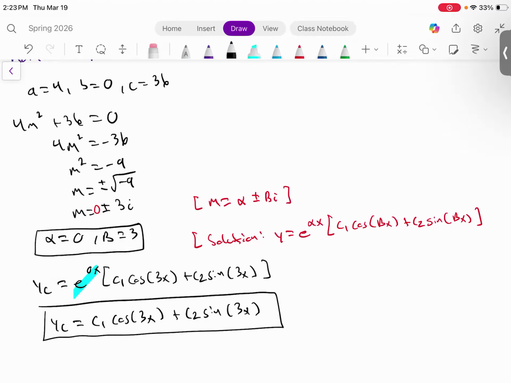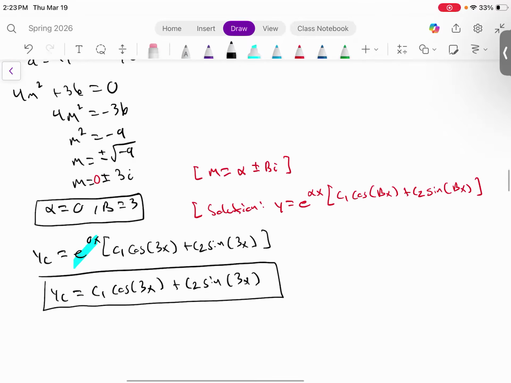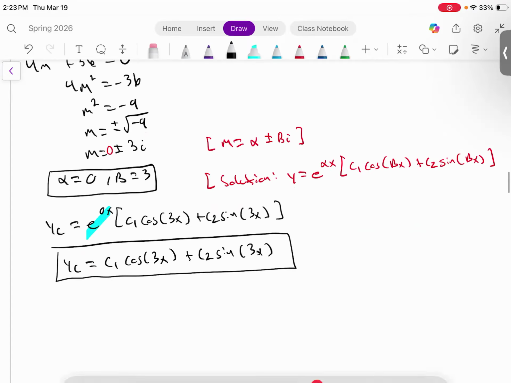So step one done. Step two now, before I start my process, is to make sure my differential equation is in standard form.